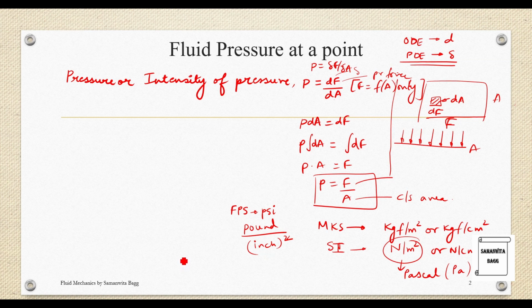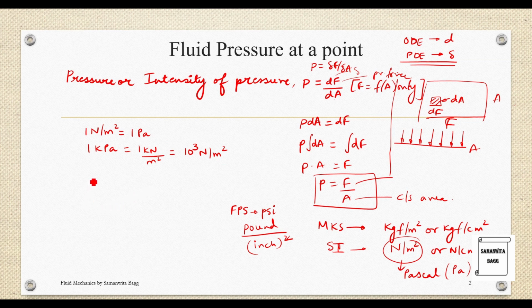Now if you have to go for conversions, the first conversion that you need to know is 1 Newton per meter square is nothing but 1 Pascal. 1 kilopascal, or I can say this is 1 kilonewton per meter square, is nothing but 10 raised to 3 Newton per meter square. Kilo to Newton is 10 raised to 3.